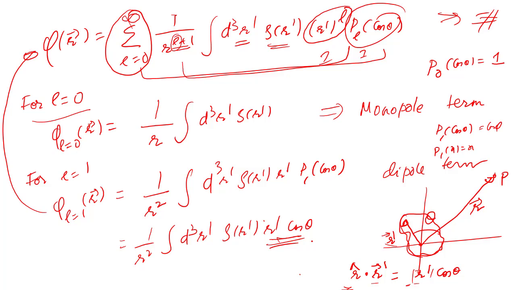Right? So then I can rewrite this as 1 over r squared, r dot, integral d cube r prime rho of r prime, r prime.